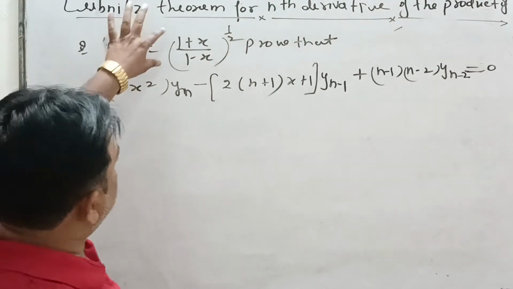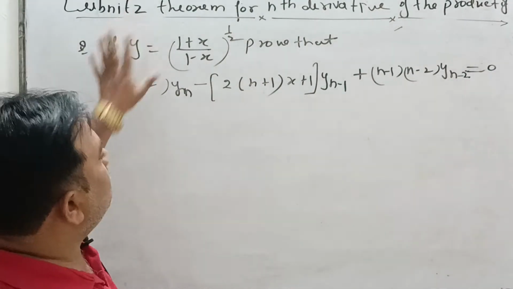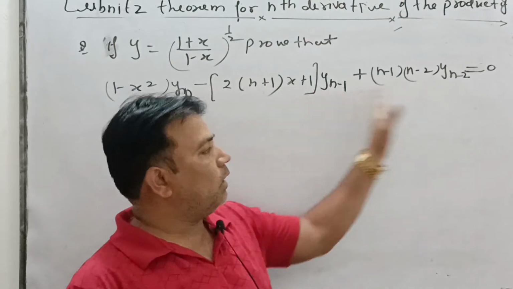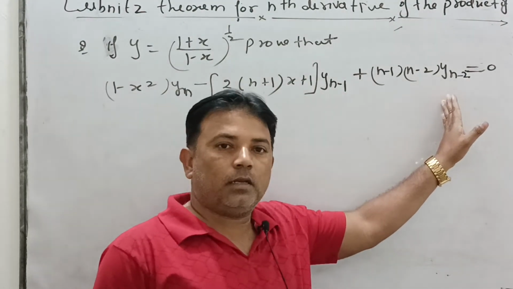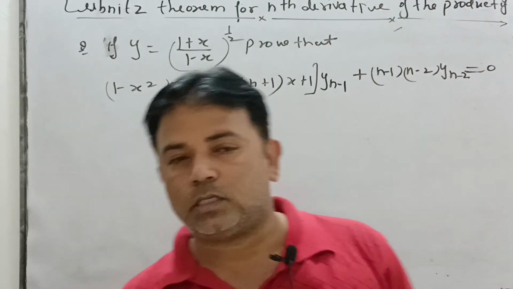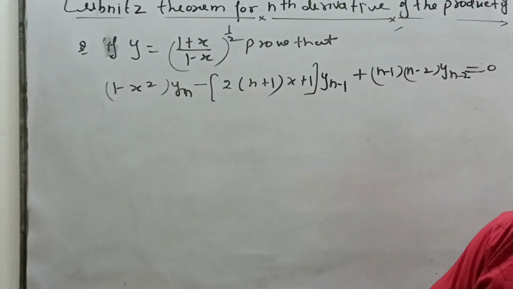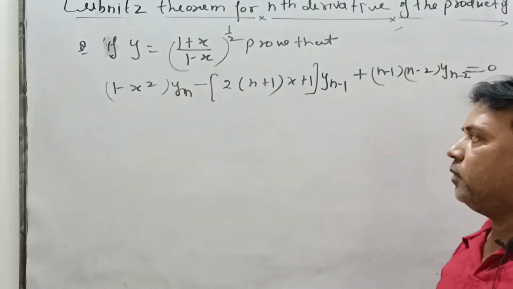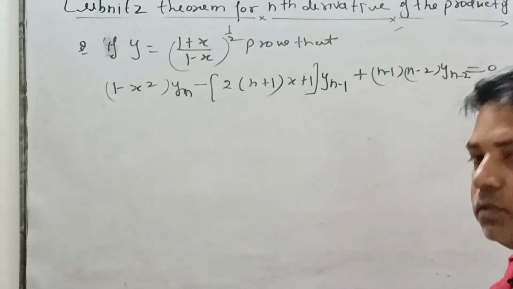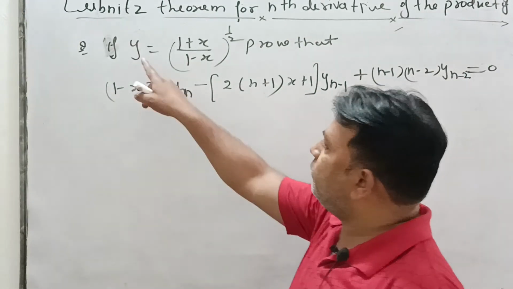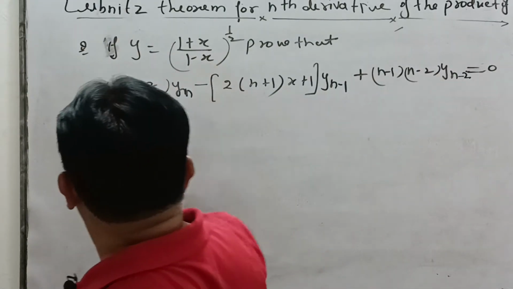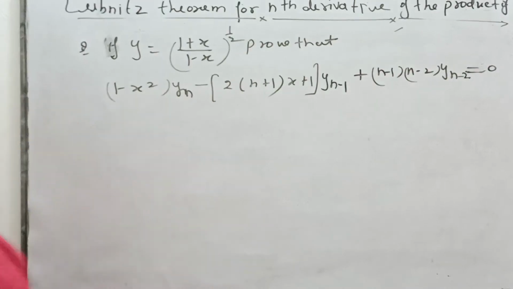Here this question is solved by seeing the answer. Most probably, in 99% of questions the answer is given, so we discuss the question by the answer. Given y equal to 1 plus x upon 1 minus x, prove this.